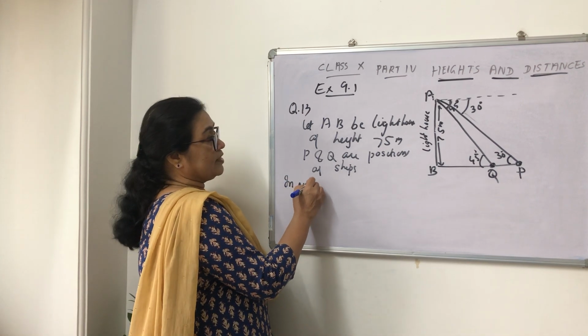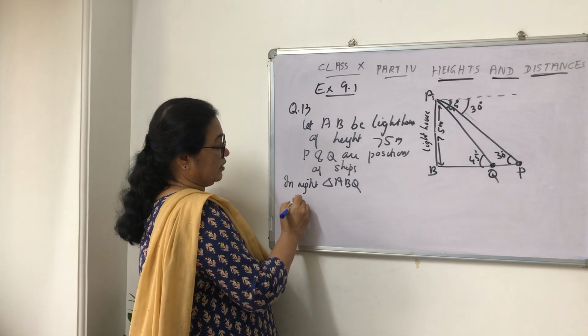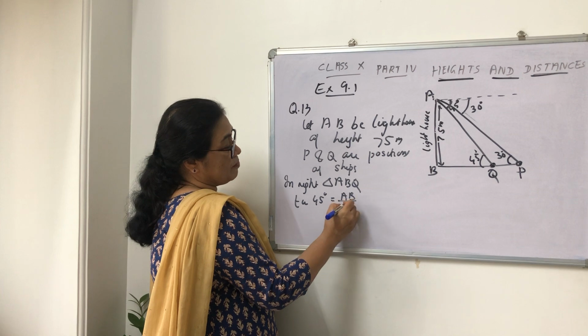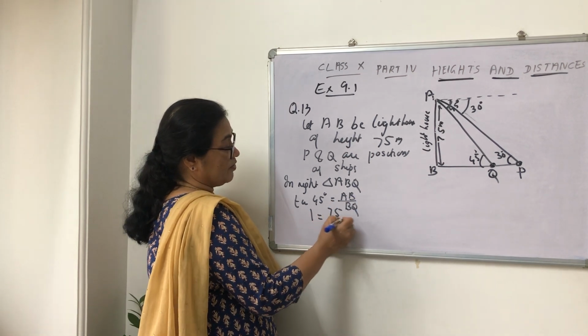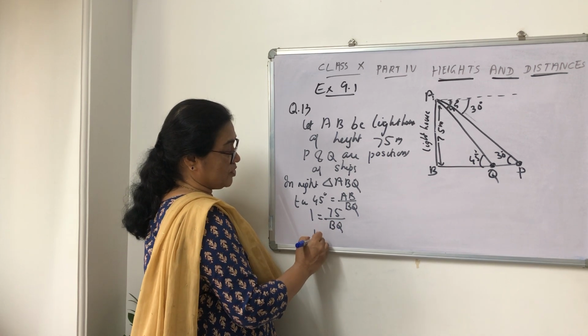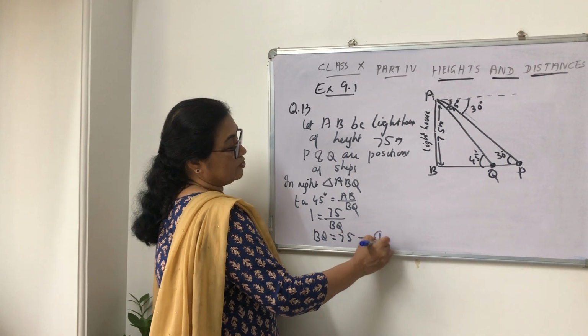In right triangle ABQ, tan 45 is equal to AB by BQ. This is 1, AB is 75, and BQ we write as BQ. So BQ is equal to, by cross multiplication, 75. This is equation 1.